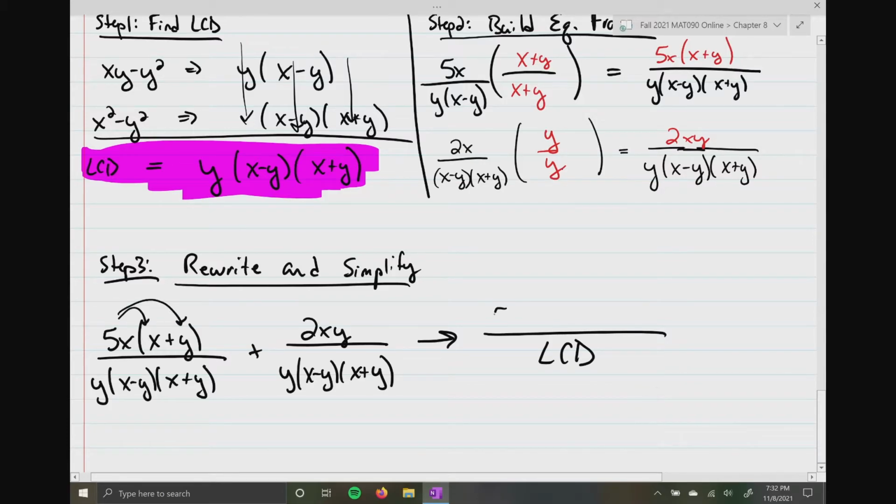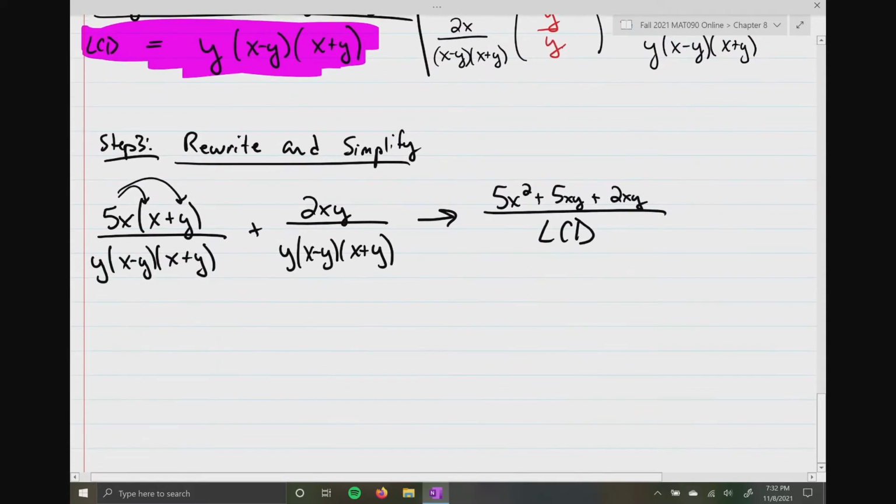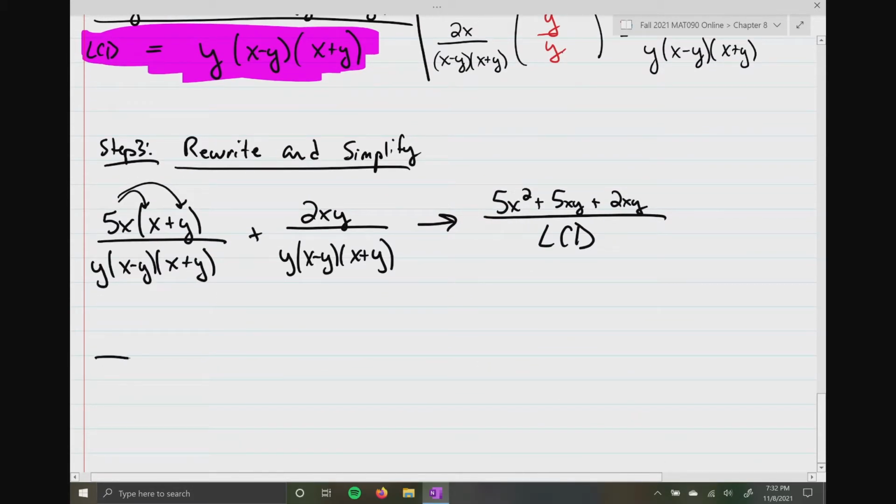So I get 5x squared plus 5xy plus 2xy. Now when I combine like terms, that's going to give me 5x squared plus 7xy all over my LCD.